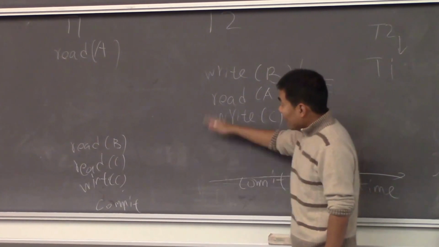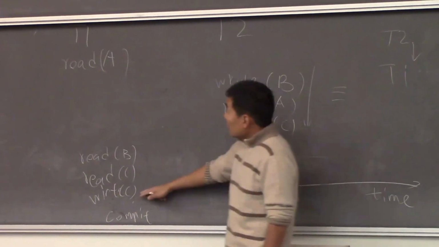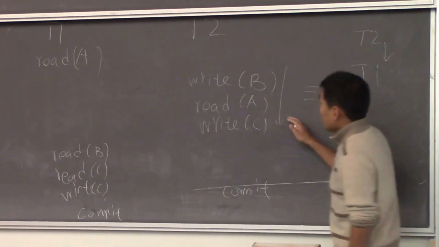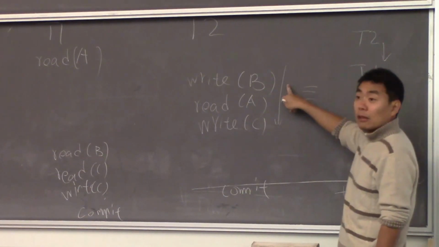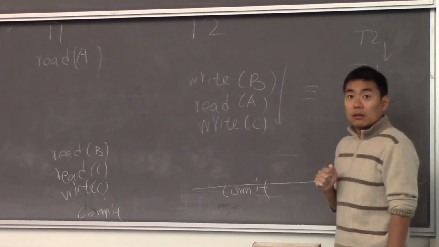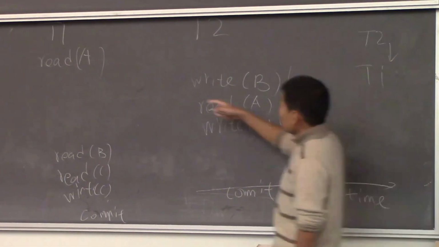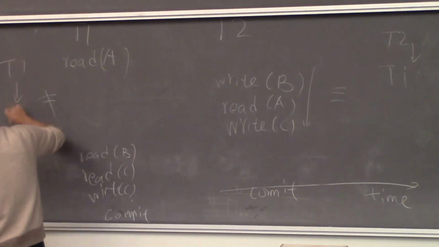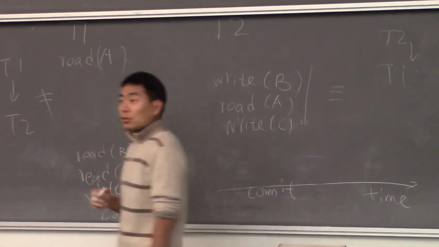In this execution, at the end of the day, T1 determines the final value of C, and T2 determines the final value of B. So that's still the case here. You follow me? However, it's not equivalent to T1 then T2.